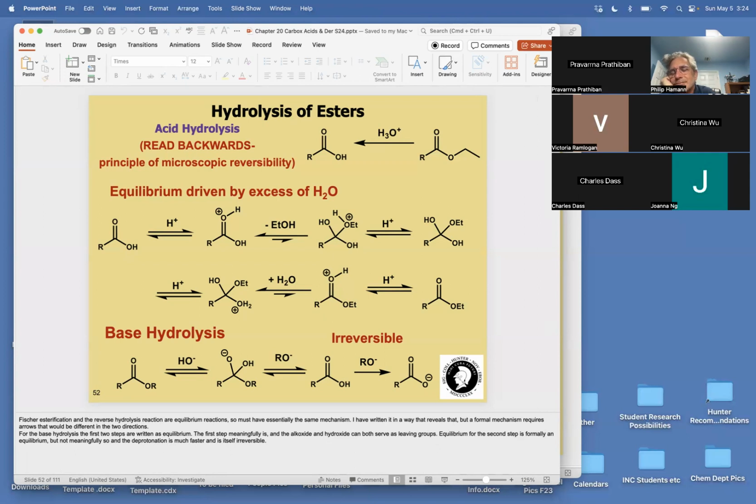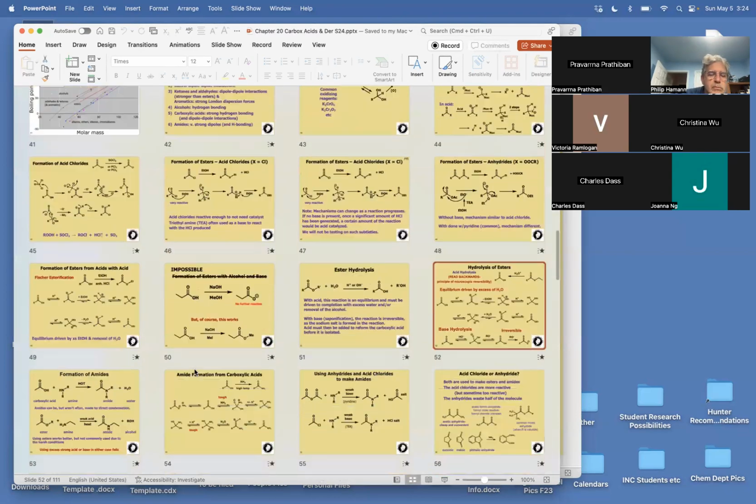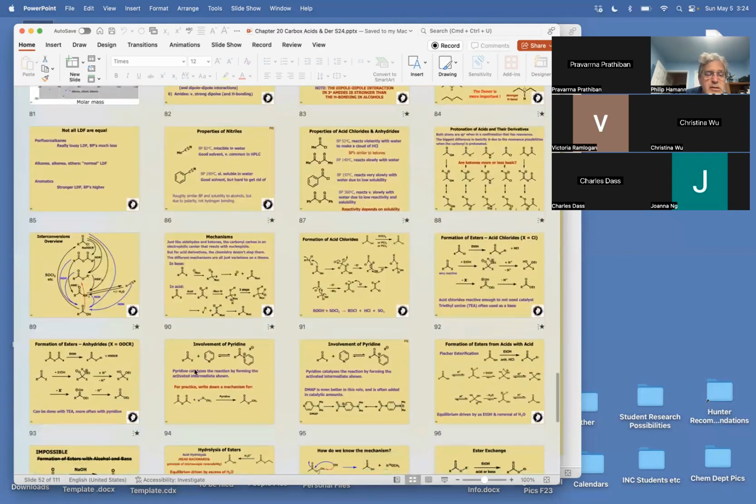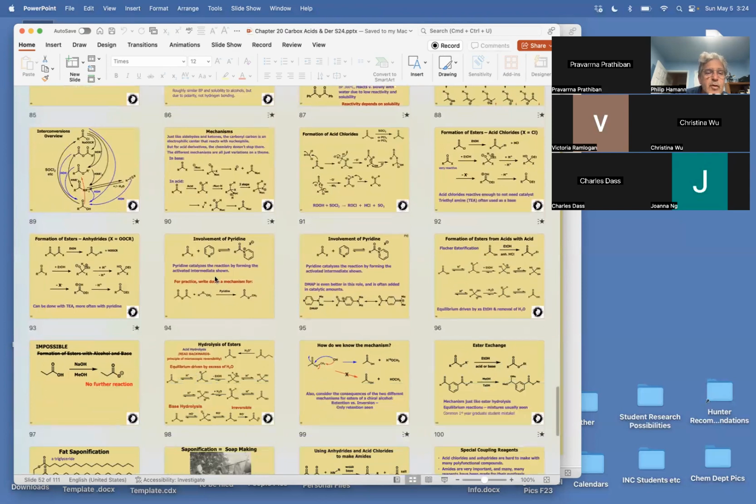Actually, Professor, can you go to slide 94? I just wanted to see if you could write down the mechanism that it's asking for there, just to make sure. 94.